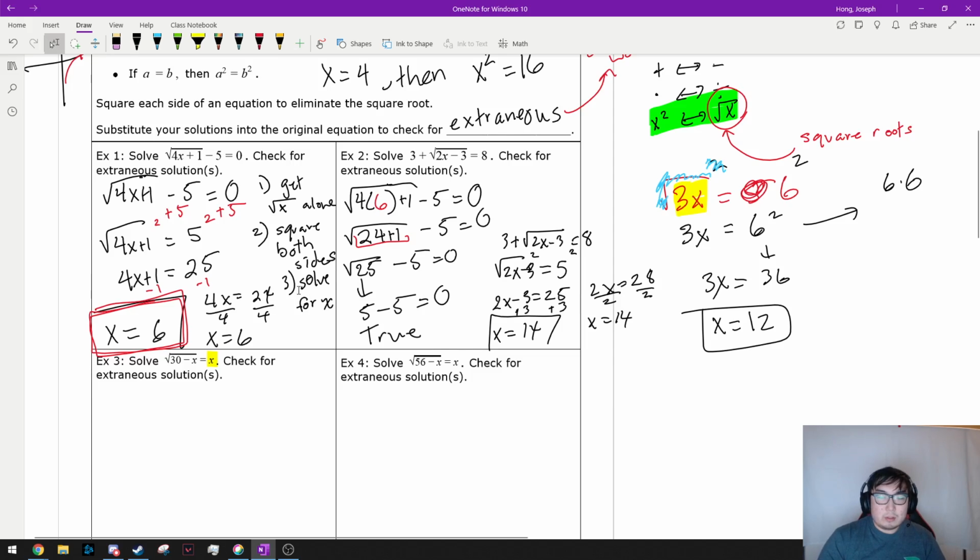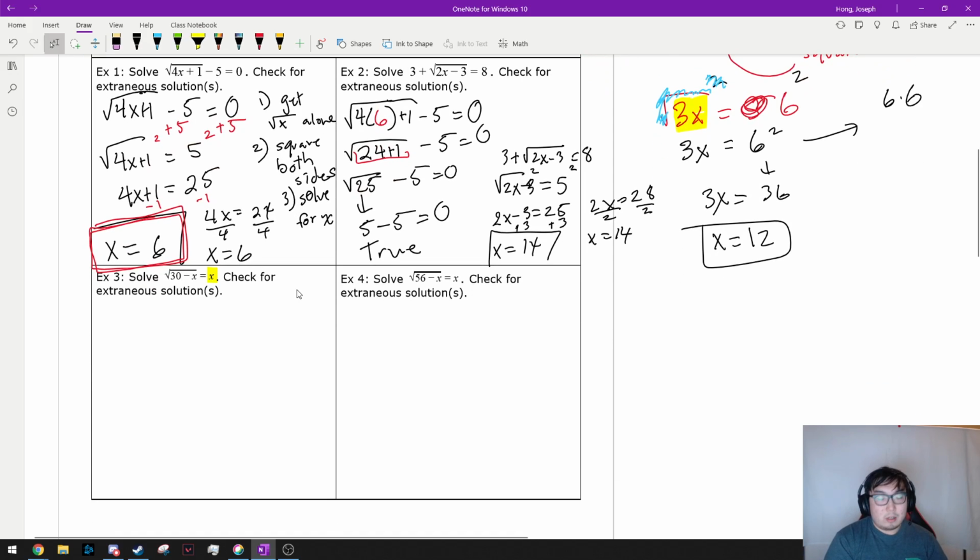So when I try this problem, square root of 30 minus x is equal to x. The way to get rid of a square root is by doing the opposite, which is squaring. So it becomes 30 minus x is equal to x squared.